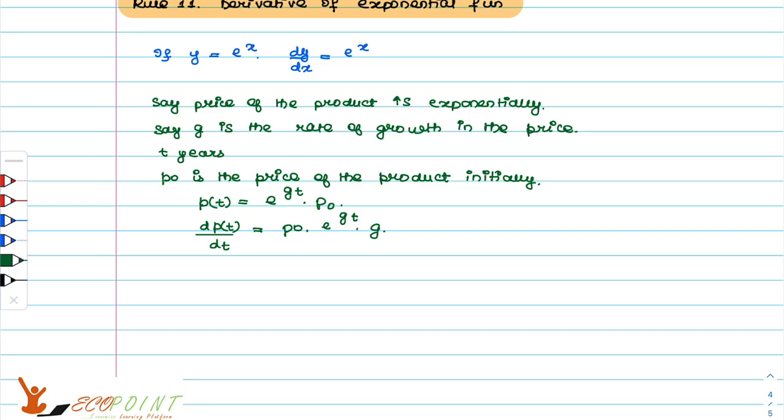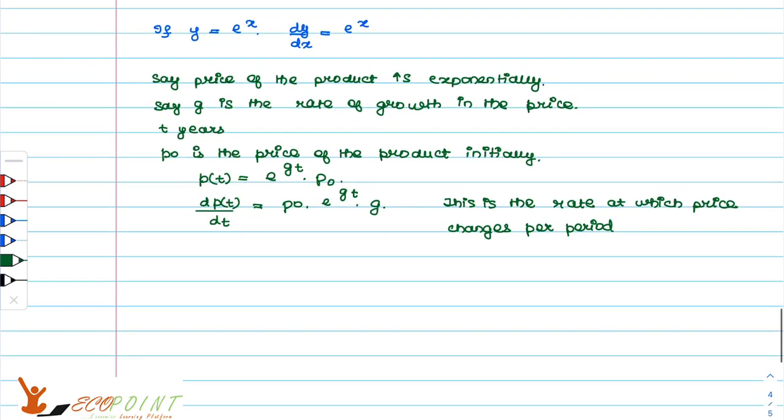So this dP(t) by dt is the rate at which price changes per period.